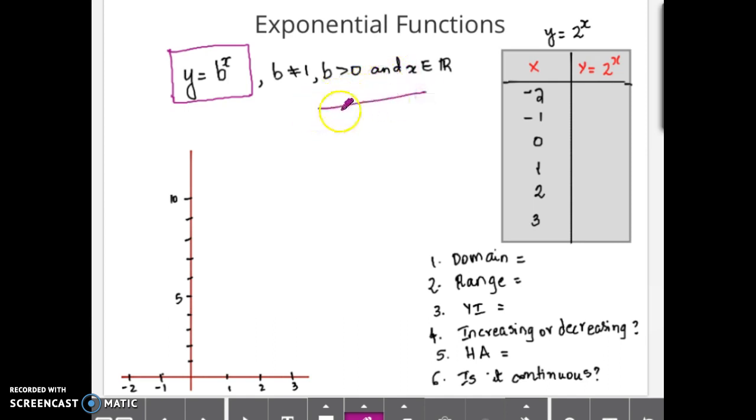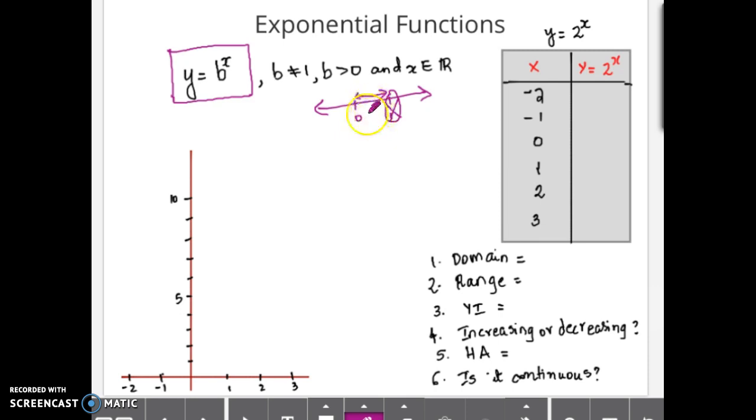So these are the conditions for the definition of an exponential function. If you look at the number line, if this is 0 and this is 1, what we understand from this definition is b cannot be 1. So this point 1 cannot be in this function. But b can be greater than 0, so you can have all the fractions that go between 0 and 1, like 1/2, 1/3, 2/5, 0.5, 0.6.